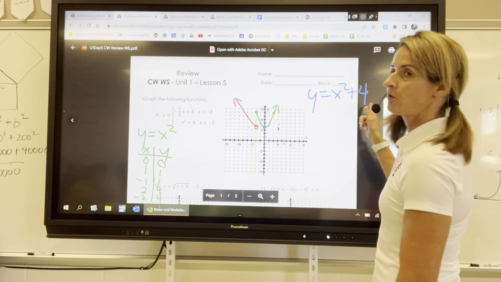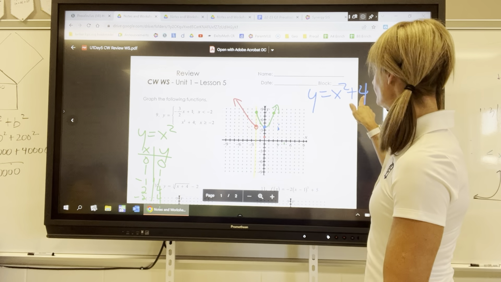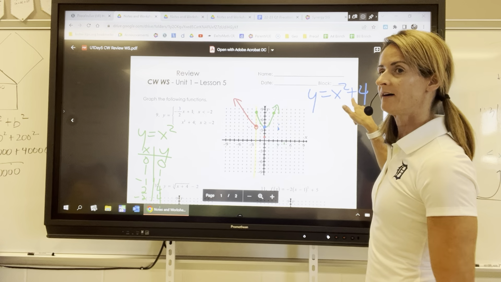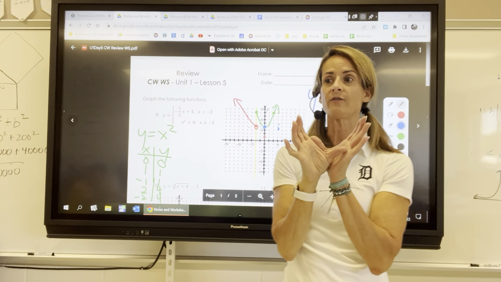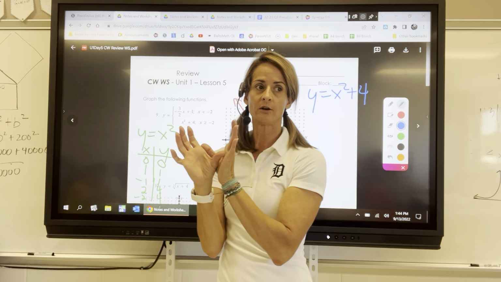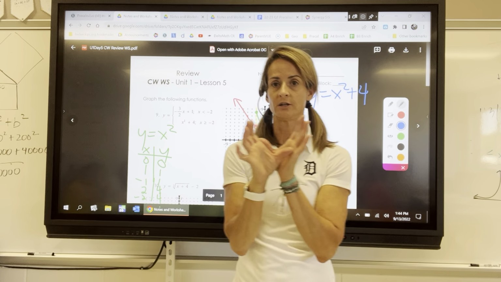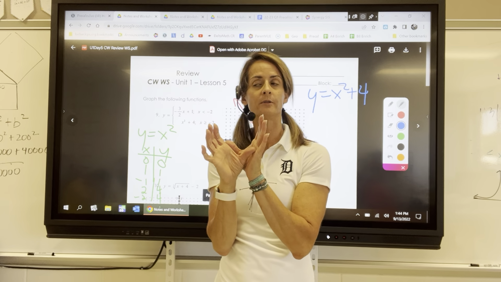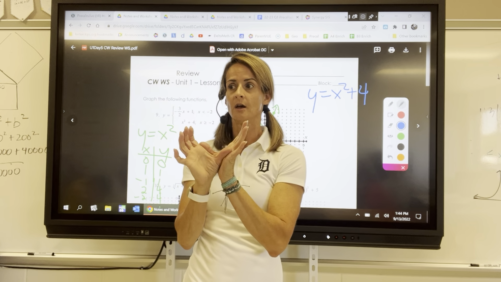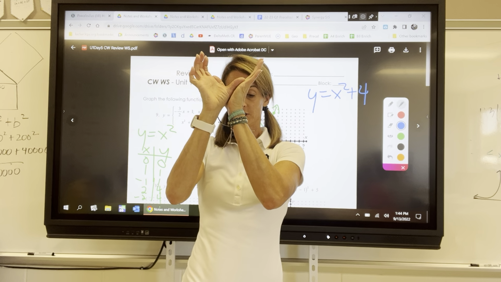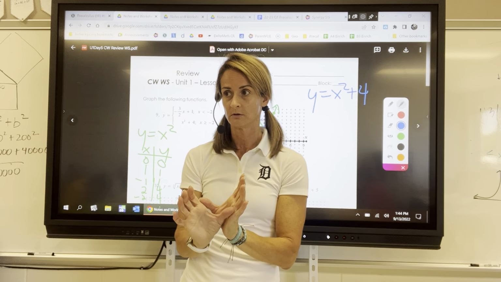So you're adding 4 to the y value. So what happens is the whole graph, wherever it's at, might have a horizontal shift first, and we're going to do that again today as well. But if you have a plus 4 or a minus 2 or whatever at the end, that's a vertical shift. Plus 4 means up 4, minus 2 at the end means down 2.